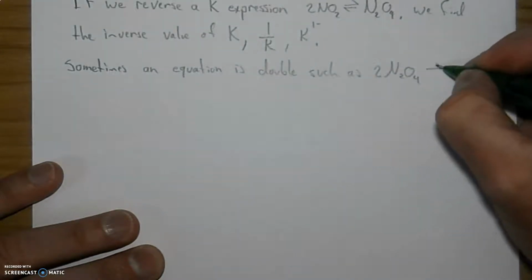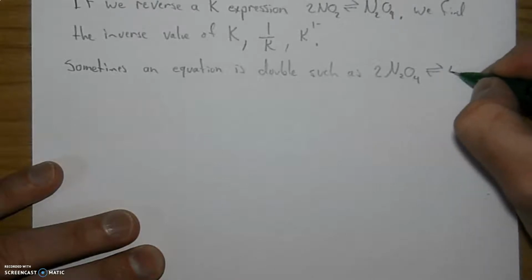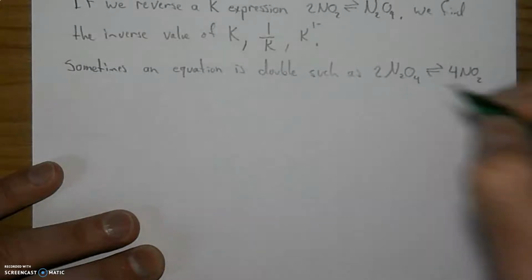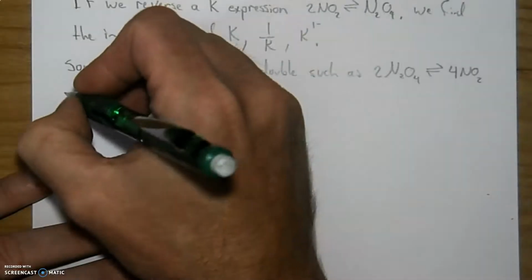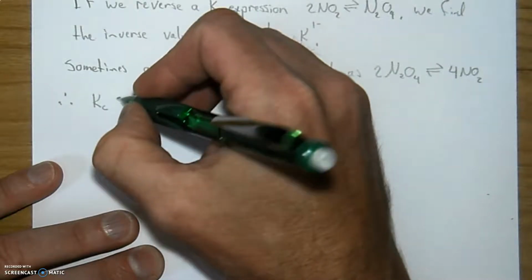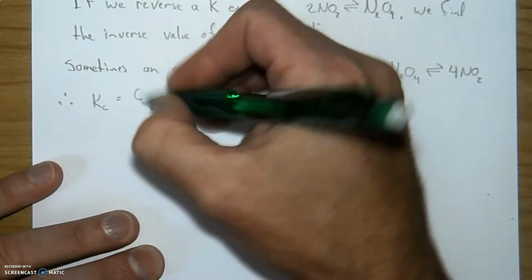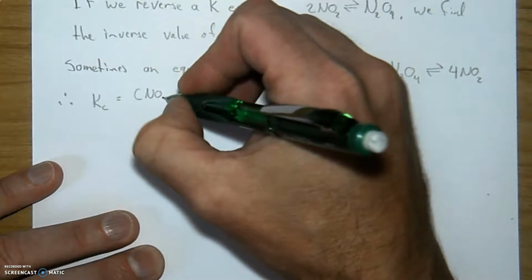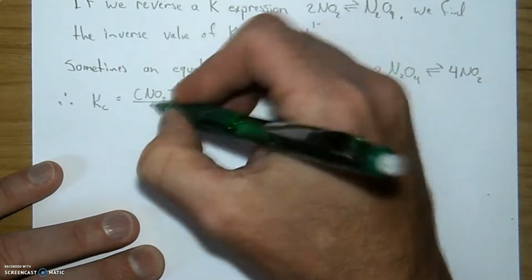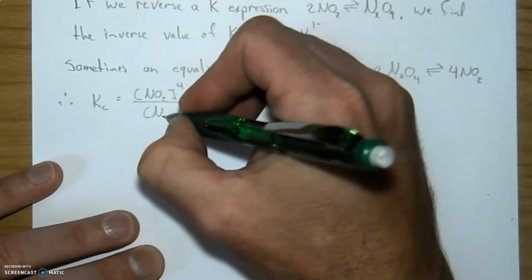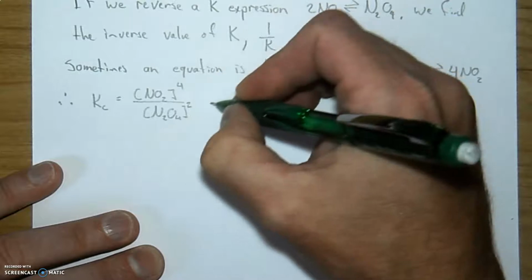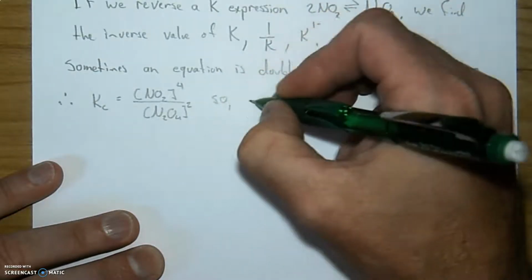Again, using that same example we started off with in the beginning, and we'll say 4NO2. If we do that, therefore, for Kc, we would have NO2 raised to the 4th power, again, products over reactants, and N2O4 raised to the 2nd.